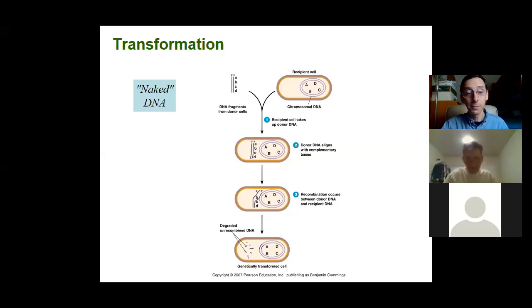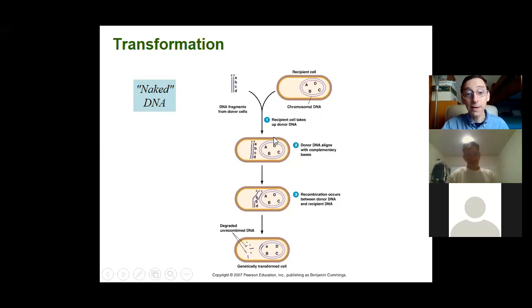And in a lab, you can have transformation happening all the time, and people take DNA out of the donor cell, so the donor cell is dead, and then they combine this DNA with the recipient cell to get recombination or transformation. Okay?